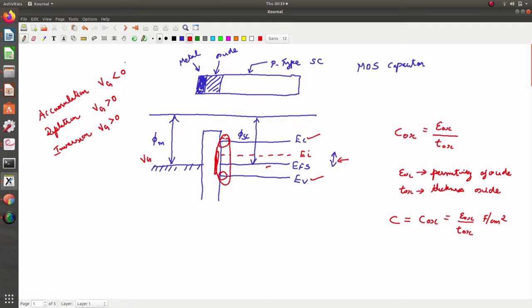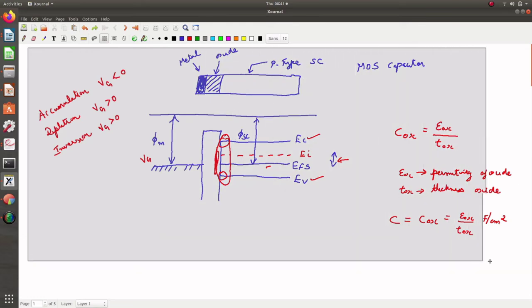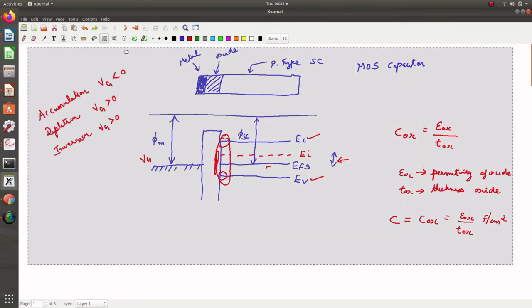If we redraw the band diagram in case of accumulation, the band diagram will be like this. Let me clear off the screen.